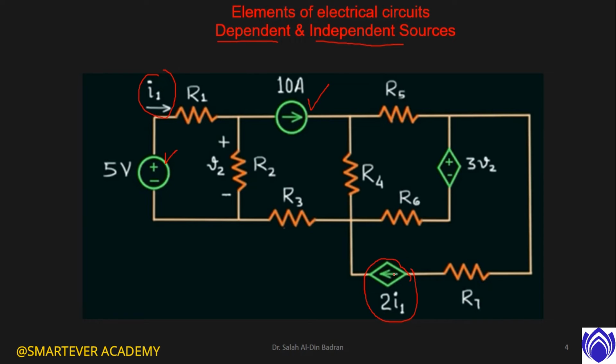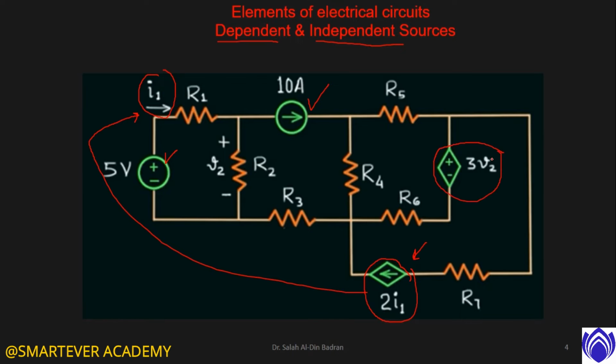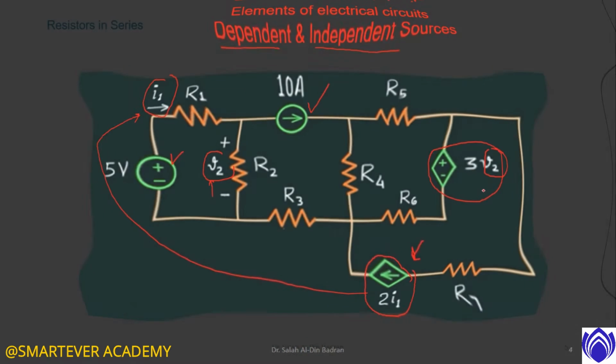So this source is dependent because it depends on another current, I1. If you know I1, you can find this source. The same goes for this dependent voltage source, because it depends on V2. If this voltage changes, this dependent voltage source will change.